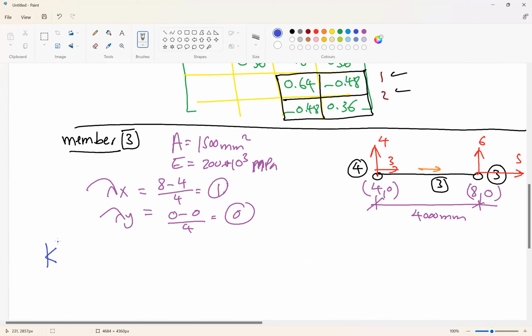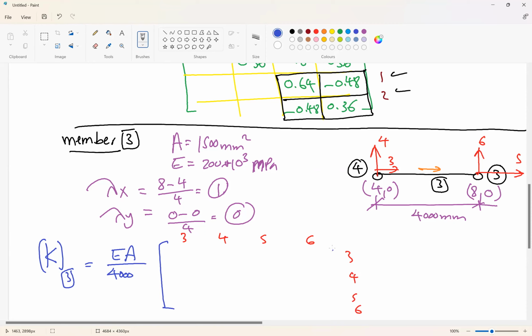Now K of member 3 will be EA over 4,000, which is the length, times, what are the movements we have here? We have 3, 4, 5, 6, 3, 4, 5, 6.